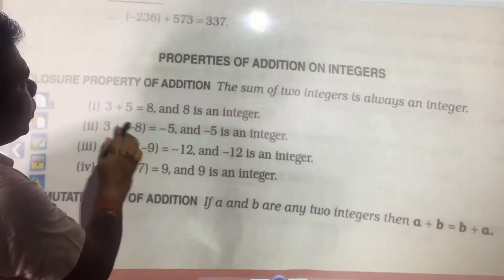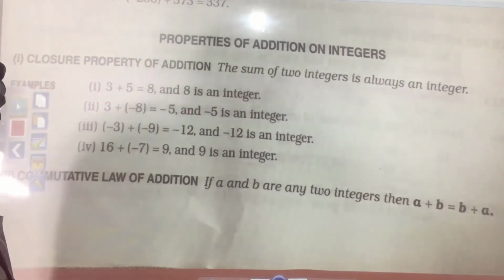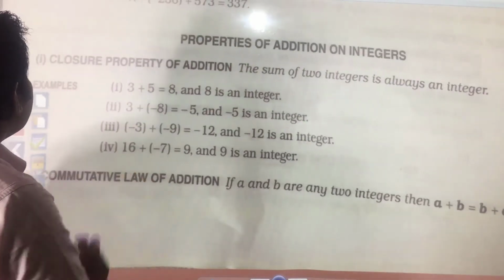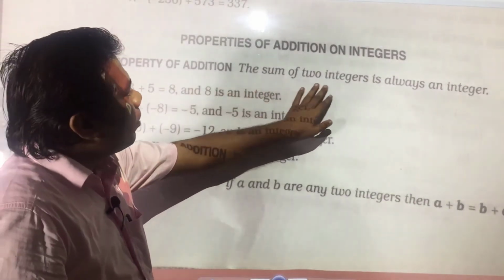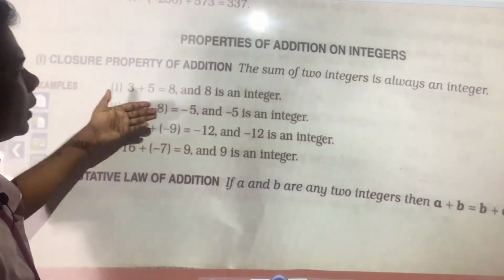I hope you understood. And then we have properties of addition on integers. First property we have is the closure property of addition. The sum of two integers is always an integer.